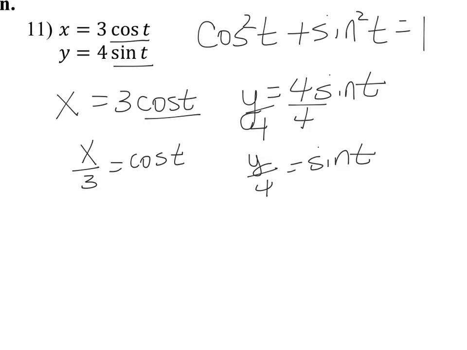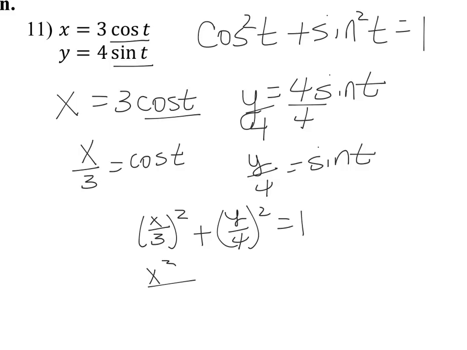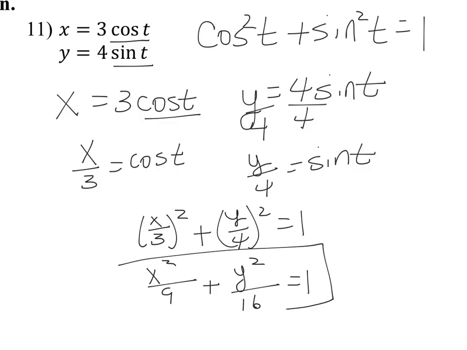So cosine squared t would look like this. x over 3 squared plus y over 4 squared equals 1. And if I simplify that, I have x squared over 9 plus y squared over 16 equals 1. That would be my equation in rectangular form, and I'm done.